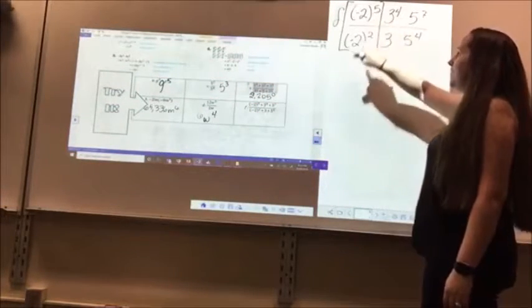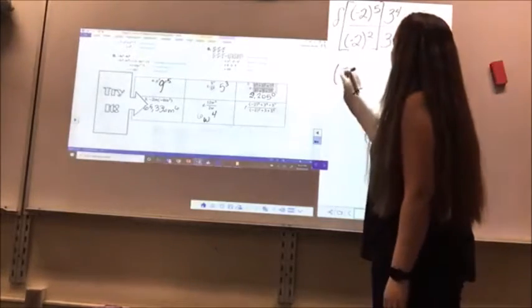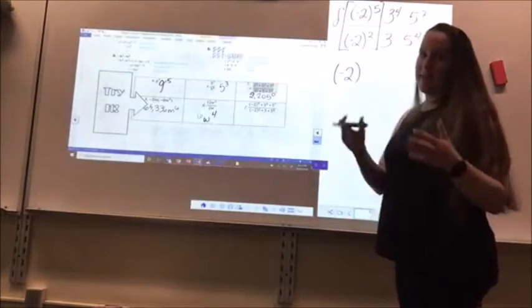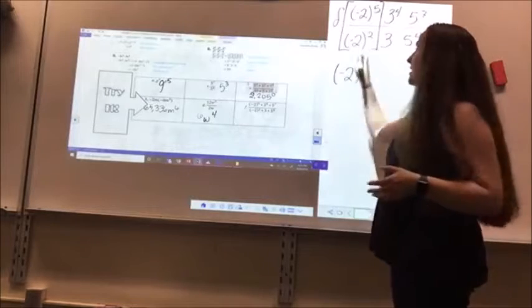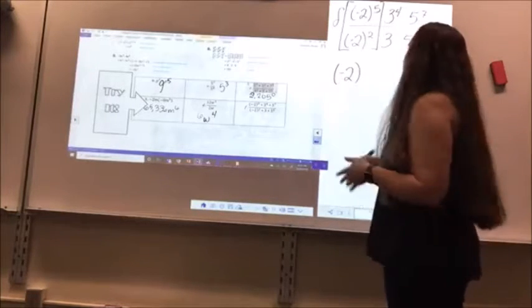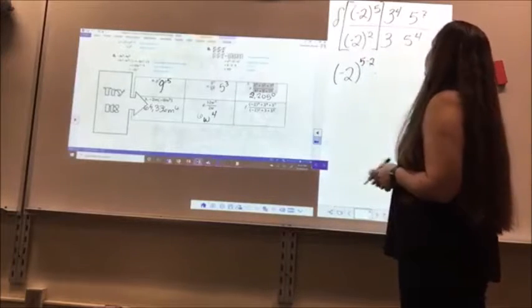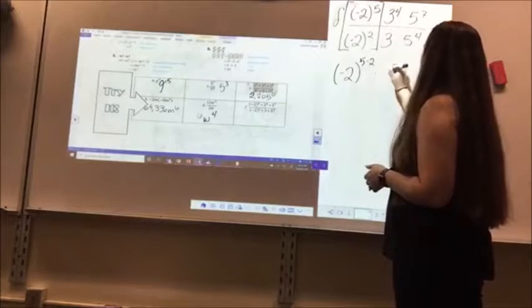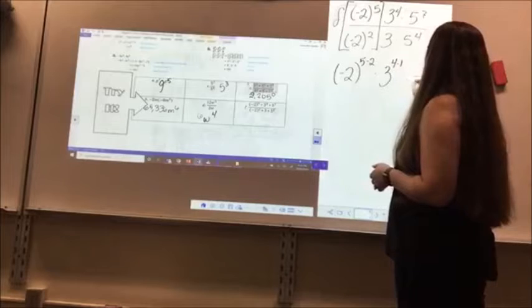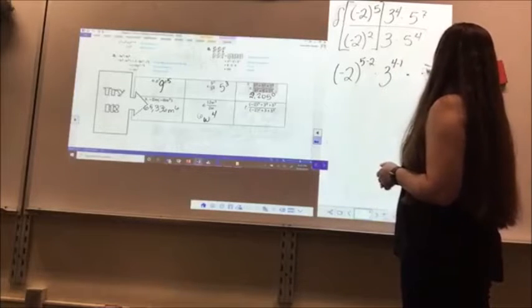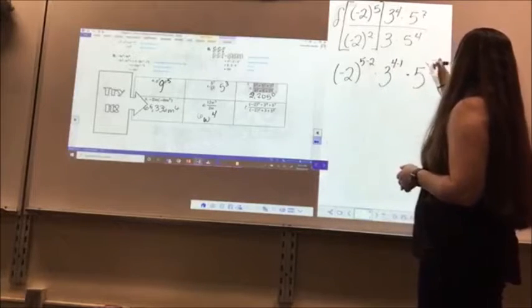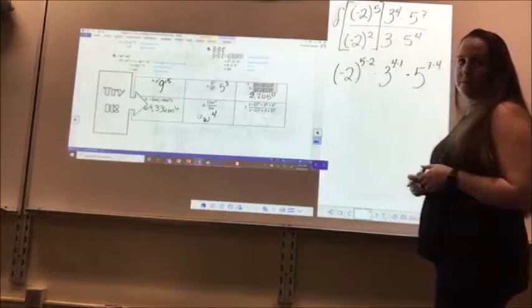Negative 2 to the 5th and negative 2 squared. So negative 2, remember, keep that negative inside the parentheses because that's how it was written in the original problem. Negative 2 to the 5 minus 2nd power. 3 to the 4th divided by 3 gives me 3 to the 4 minus 1 power. 5 to the 7th divided by 5 to the 4th gives me 5 to the 7 minus 4 power.